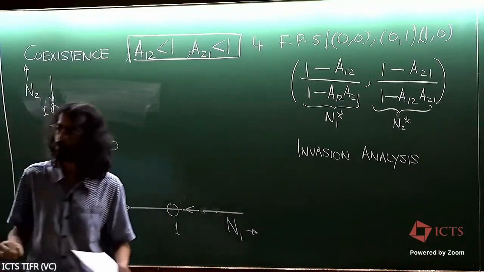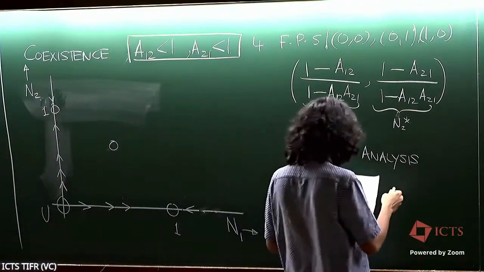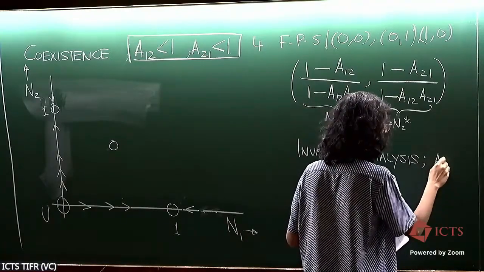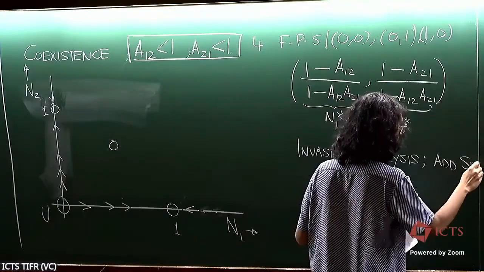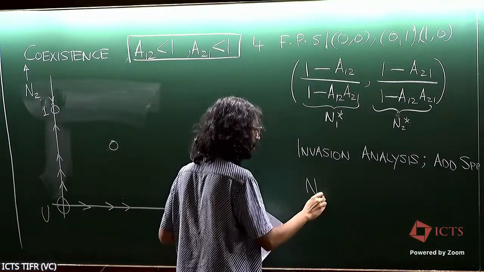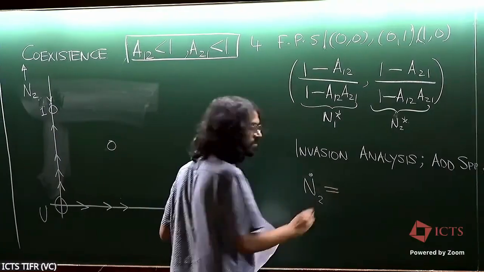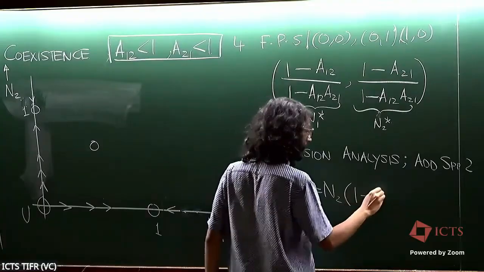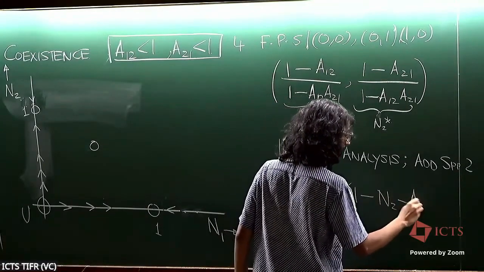Easy to imagine why you might be doing this. You're adding a little bit of species 2. You add species 2 and you ask for N2 dot. Okay, so N2 dot, we know what our equations look like, is something like that.